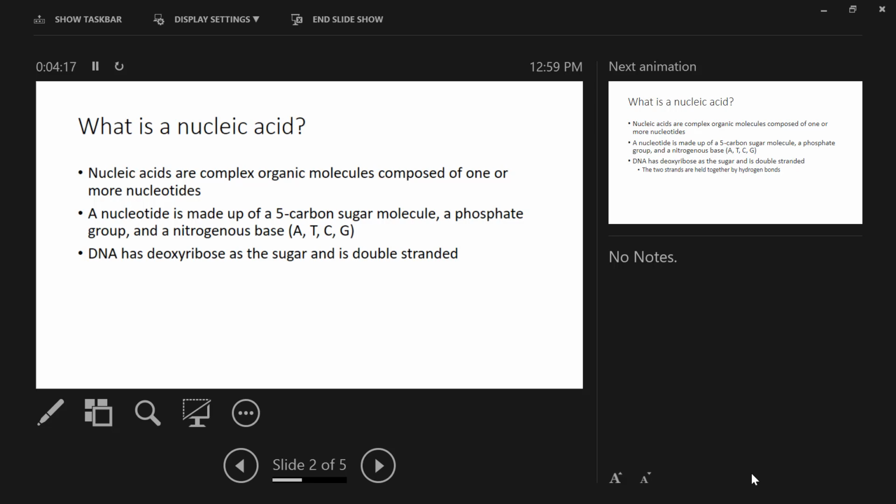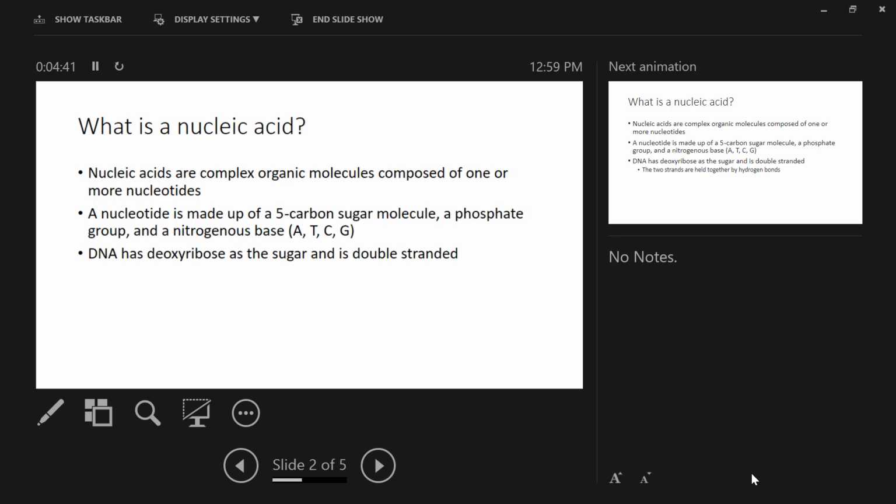DNA has deoxyribose as the sugar. You know it has a phosphate group. Why? What are nucleic acids? DNA is a nucleic acid, and what are nucleic acids again? Complex organic molecules made up of one or more nucleotides, and every nucleotide has a phosphate group.